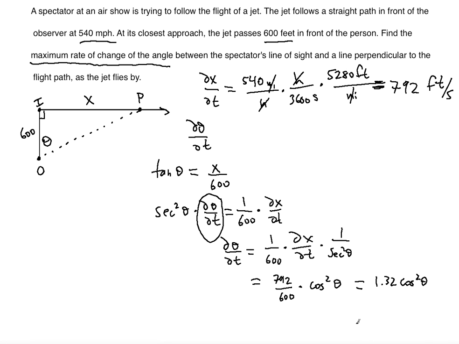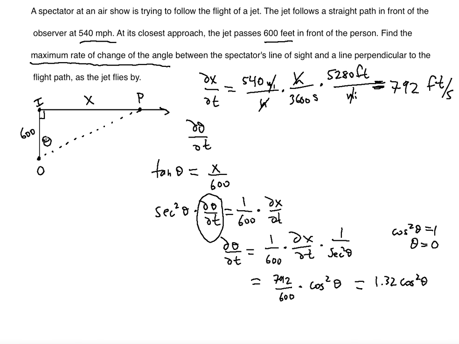Okay. So notice that in order for this to be maximum, because we need to maximize d theta dt, the rate of change, the cosine squared theta must be equal to 1. So cosine squared theta is equal to 1 when theta is equal to 0, right? And that makes sense because as the plane passes by, you will notice even by your unaided eye that it will pass the fastest.